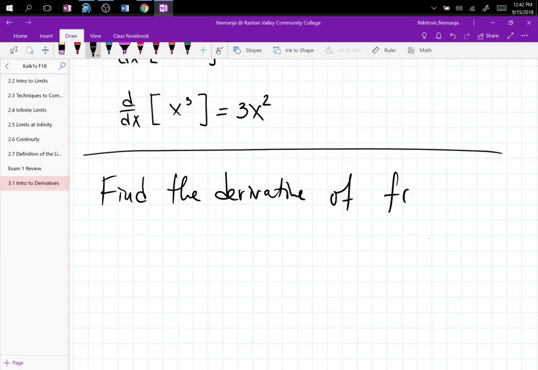So I will say find the derivative of f of x equals 1 over x. Now this is technically problem 46 in your textbook, in the blue one, the old one, the one that is on my MATLAB currently.